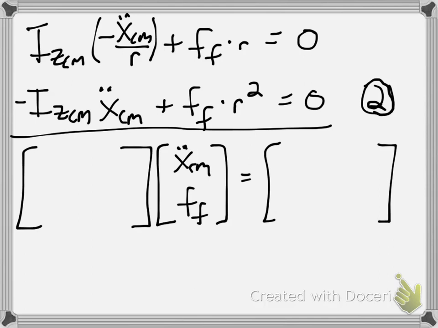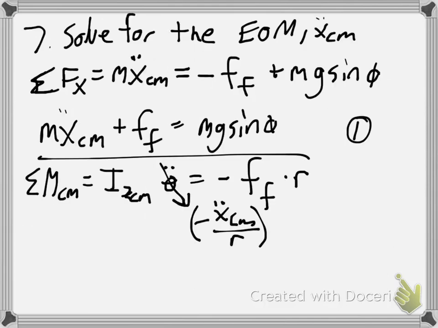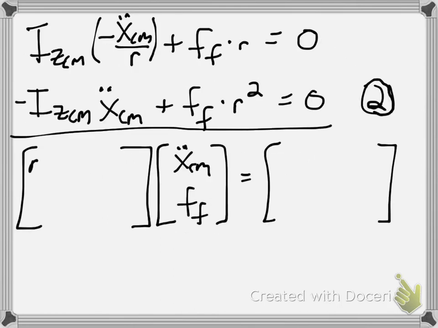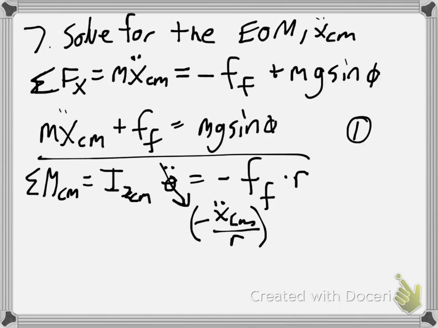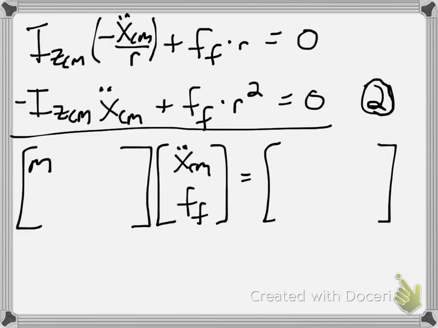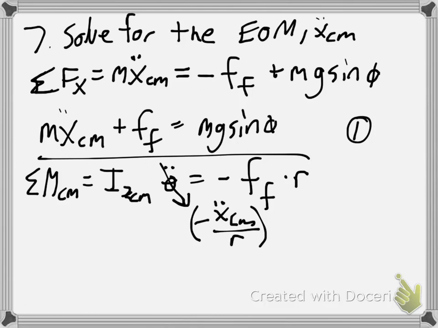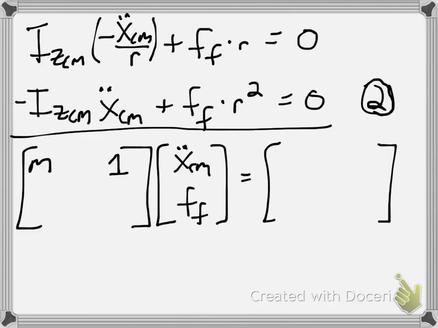So from my first equation, what multiplies x double dot of the center of mass? M. And how about force of friction? 1. And then what's left? mg sine phi.